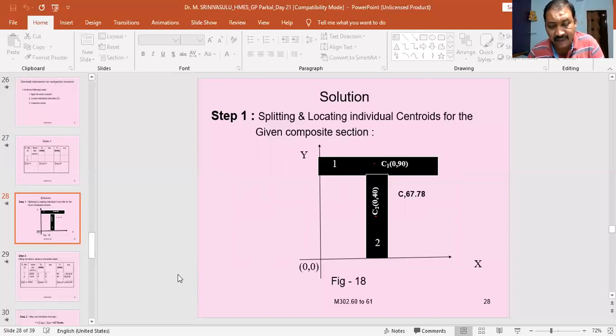The T section can be divided by the y-axis into exactly 2 equal halves. So it is symmetrical about the y-axis, and therefore the x coordinate is 0.